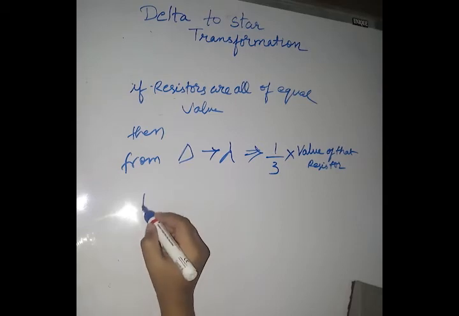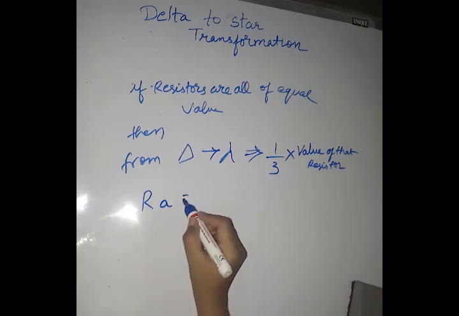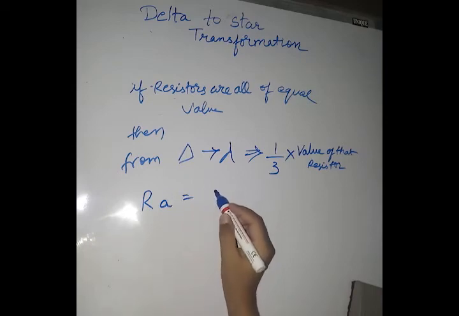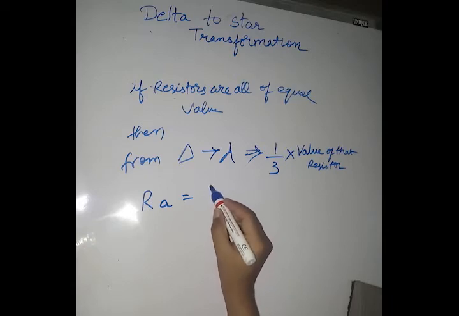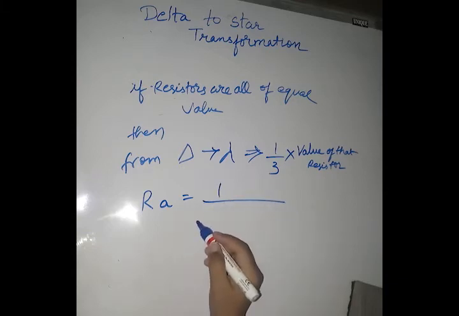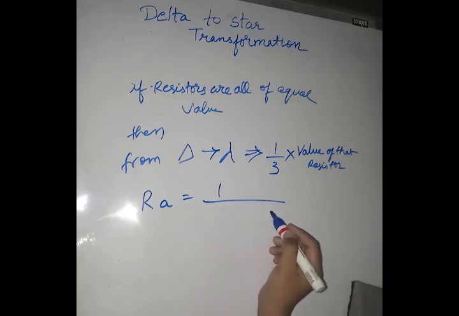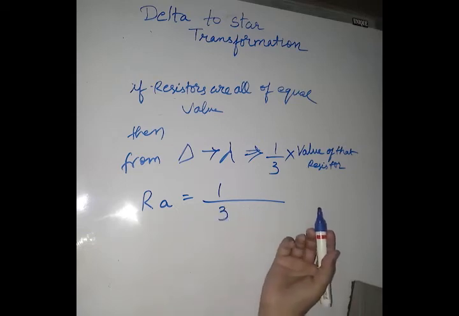that is, let's say if we want to find RA, and RAB, RBC and RAC are all of equal value. So RAB into RBC, let's say both are equal, so it will be 1 divided by RAB plus RBC plus RAC, so it will be 3.